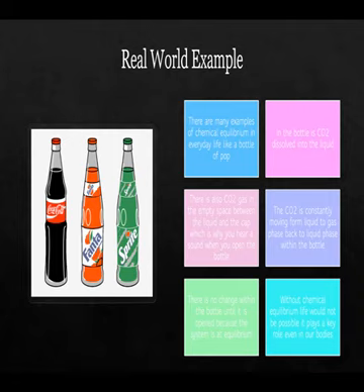The CO2 is constantly moving from a liquid phase to a gas phase, then back to a liquid phase within the bottle. There's no change within the bottle until it is opened because the system is at equilibrium. Without chemical equilibrium, life would not be possible. It plays a key role even in our own bodies.